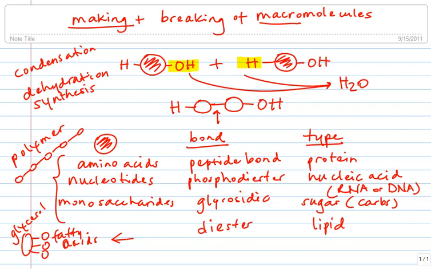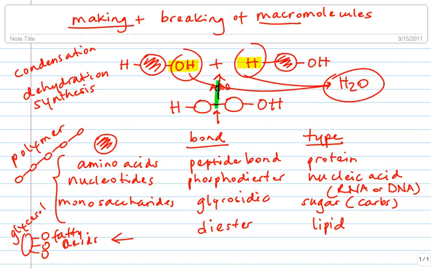To break these back up again, you would have to go backwards. And so that means you have to add the water back. In this case, you will have to split the water back up into an OH for this part and an H for that part.